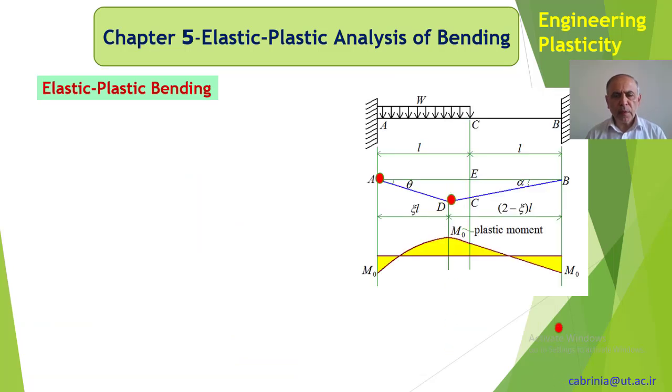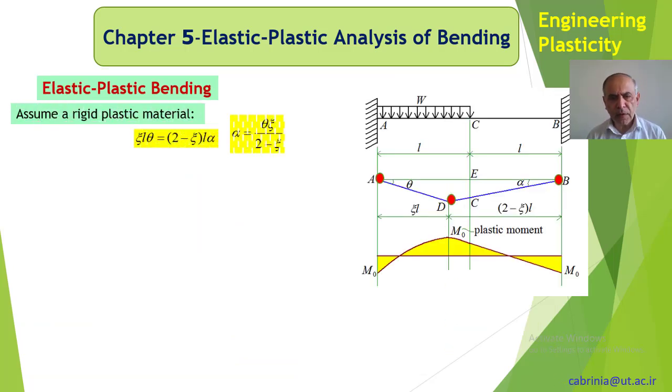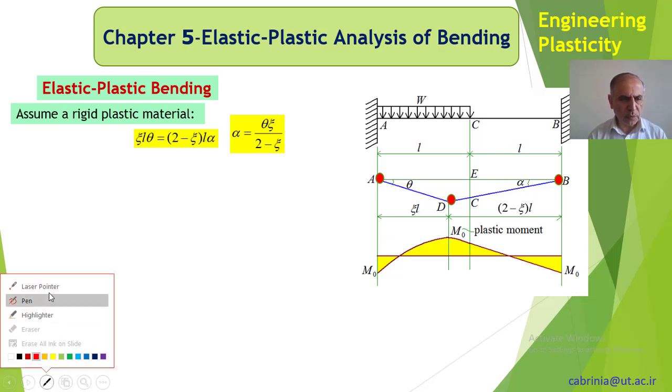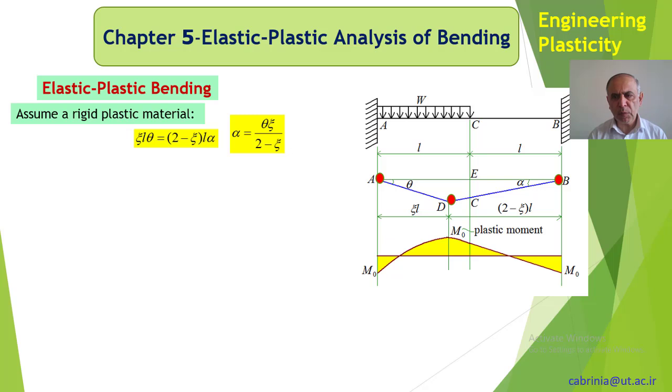Now let's go and examine another problem in structural parts or beam. Now this beam also is a built-in beam, but it's a bit different. In the previous example we had just a point load, but here we have distributed load. And obviously we assume a rigid plastic material in this kind of solutions.